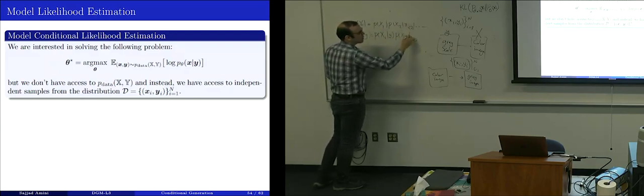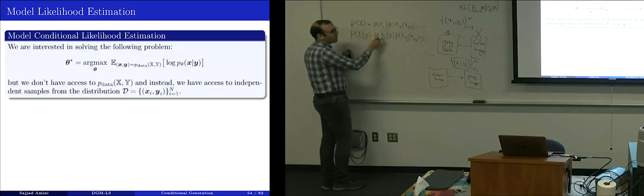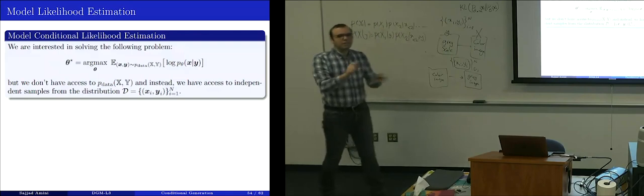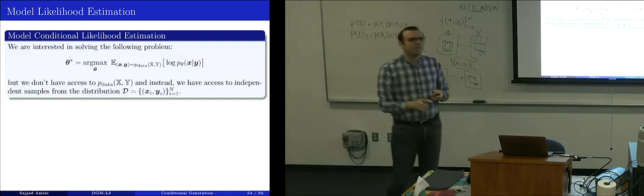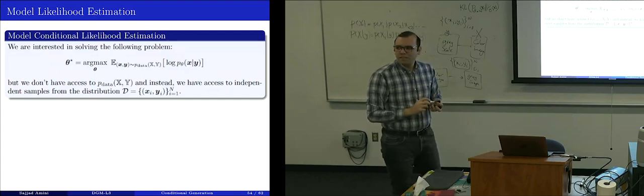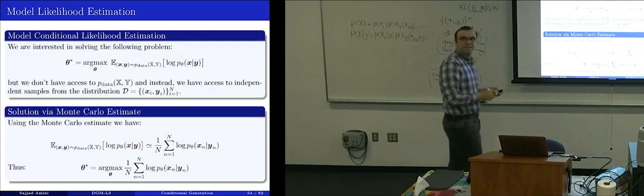This is small x, lowercase x, just to save the notation for the random vectors I am modeling, nothing more. You can easily change it if you are comfortable with the previous notation of your supervised learning. Any question? Okay.